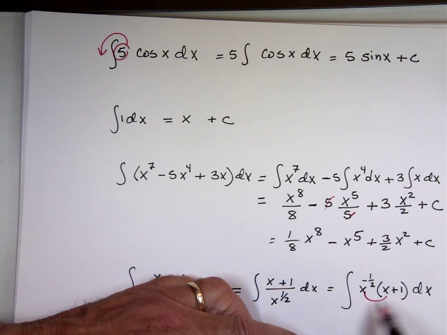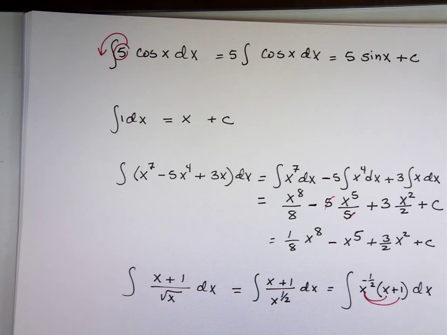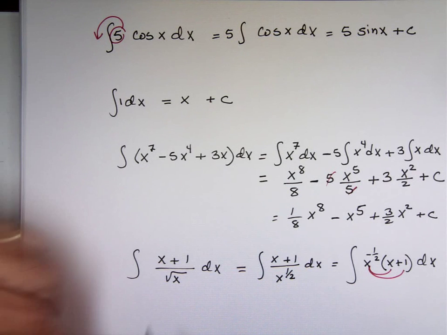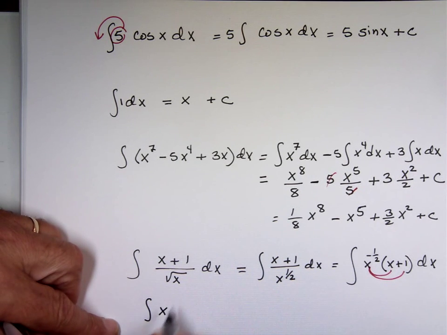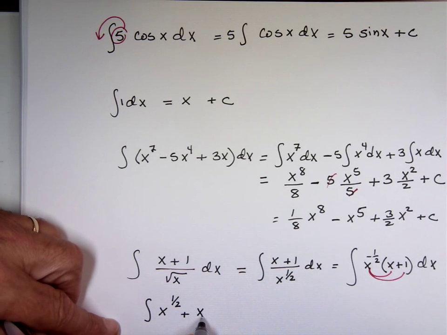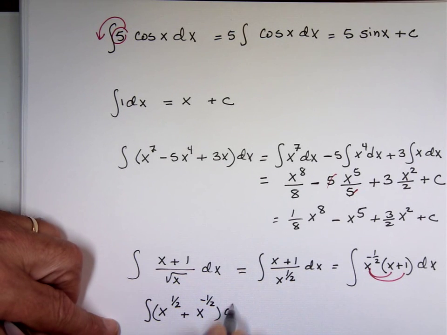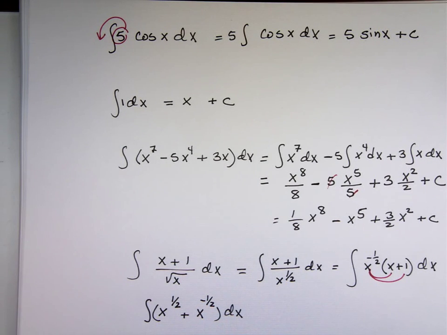Now you're going to multiply these together, and what are you going to have? I didn't integrate yet, I'm just rewriting the problem. This becomes x to what power? 1/2 plus x to what power? Negative 1/2 dx. Now you can break it down into two separate integrals. Now that fits the format, the integral of x to the n.